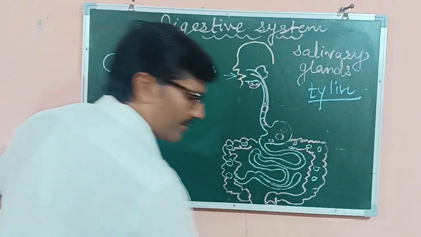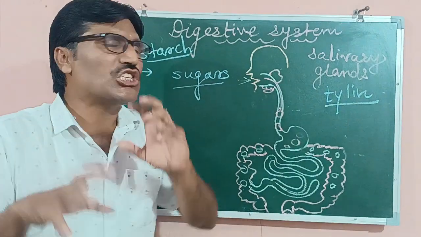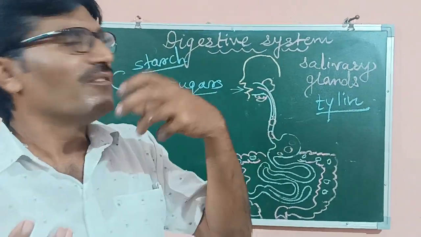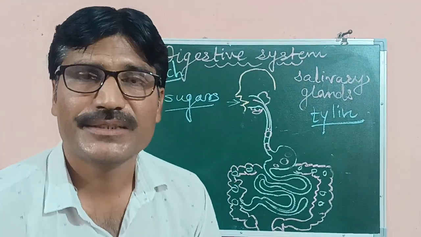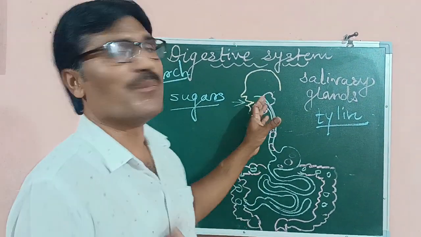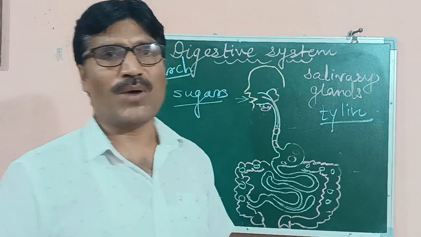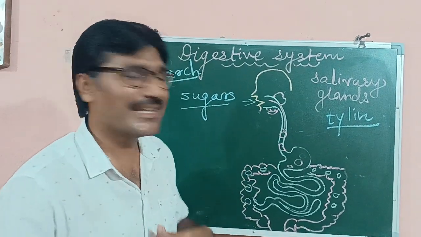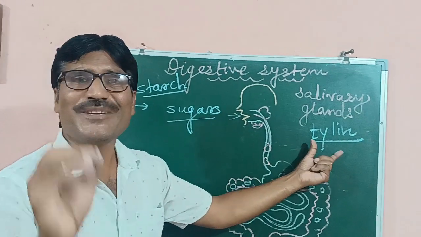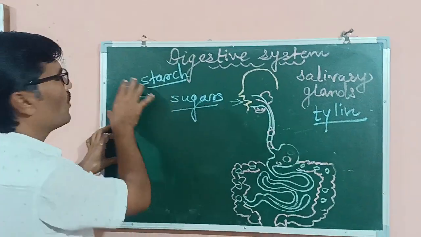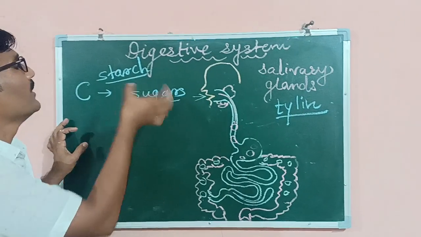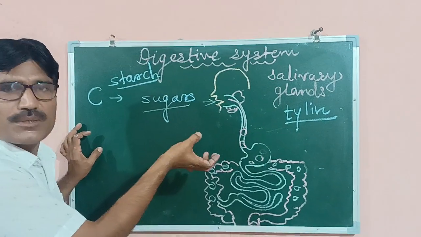That's why we must chew our food. We must bite our food properly so that it will be mixed with the saliva, and this saliva has a specific enzyme called ptyalin, and this ptyalin converts our carbohydrates into sugars.